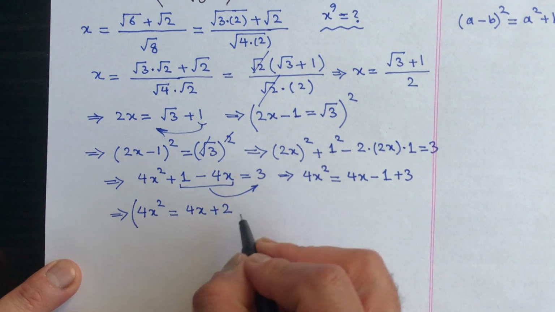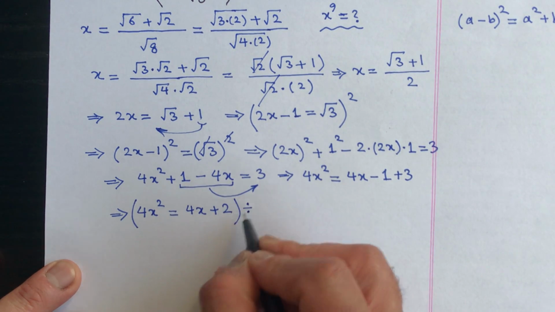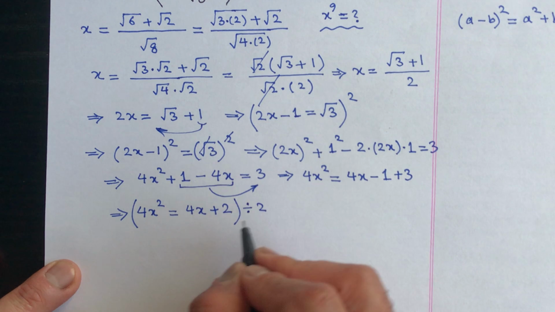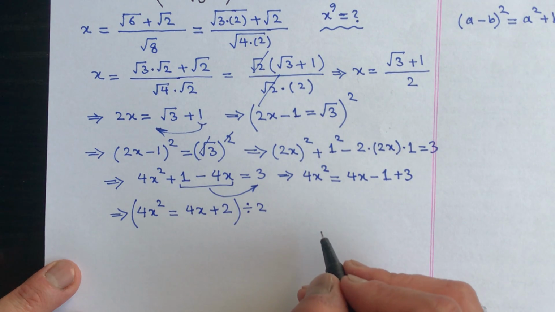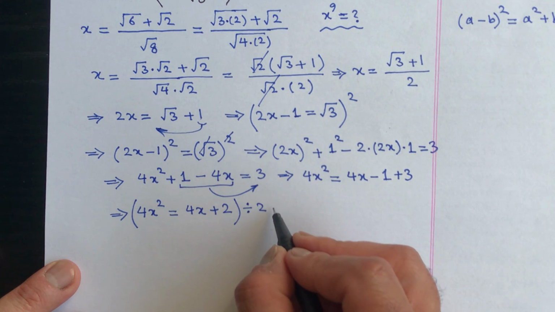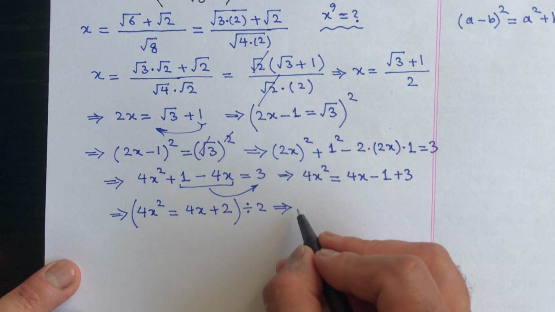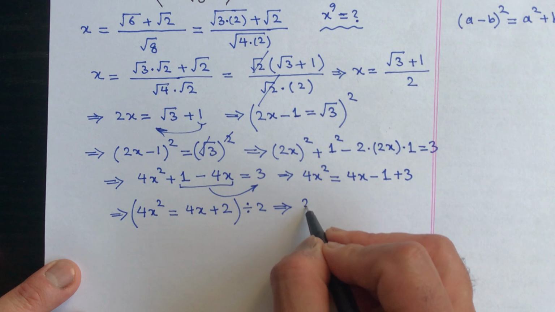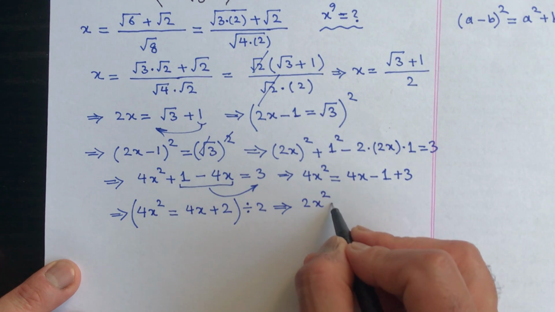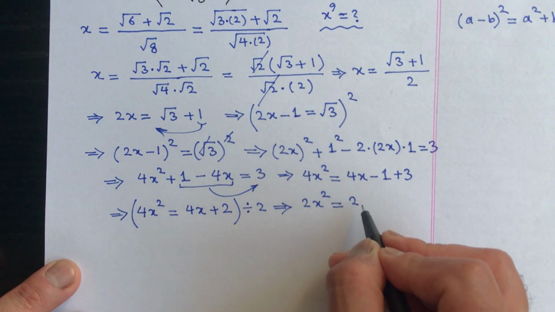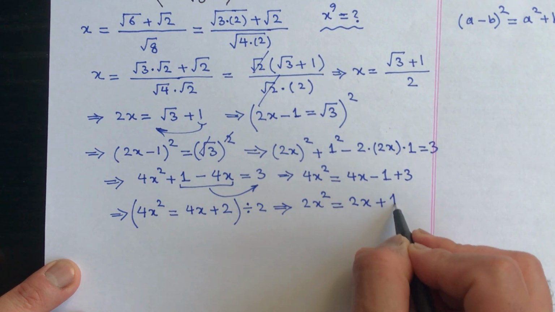And by dividing both sides by 2, because all of them have the number 2 inside, the left side is 2x squared equals 2 times x plus 1.